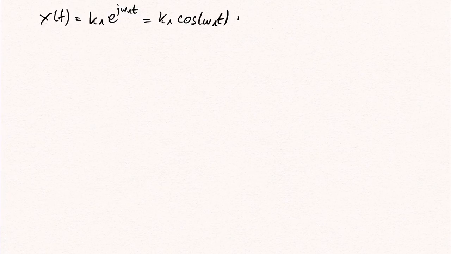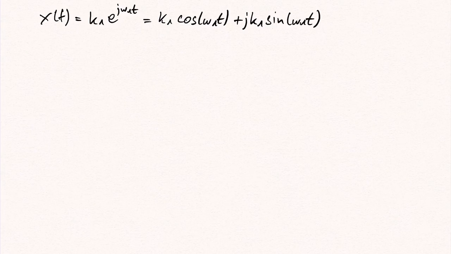Using Euler's formula, we can rewrite the input x of t, which is a complex exponential k1 e to the j omega 1 t, as a sum of a cosine term and a sine term.